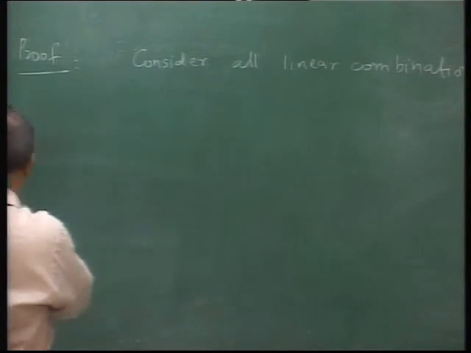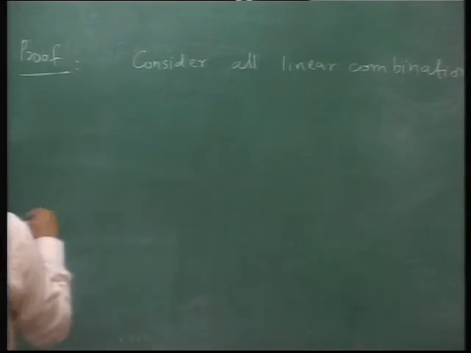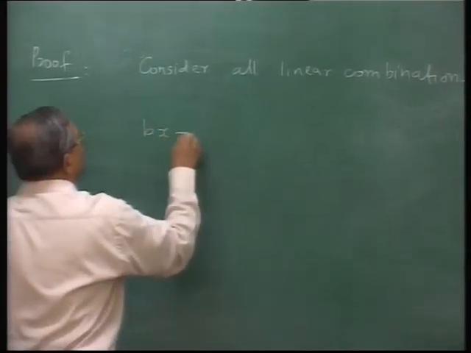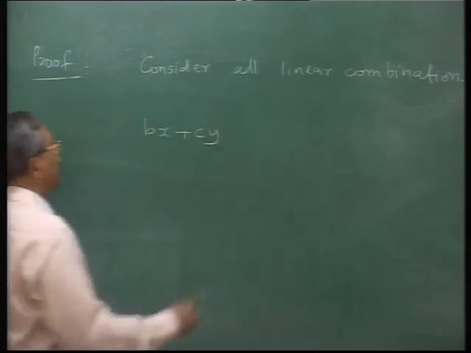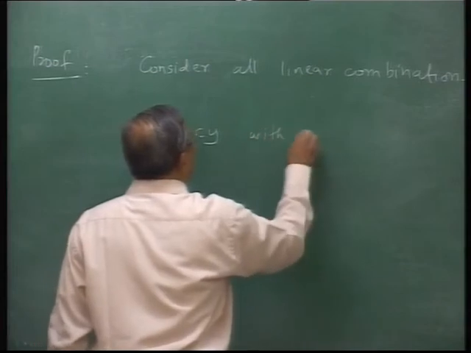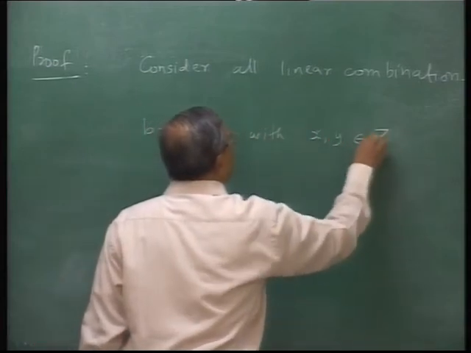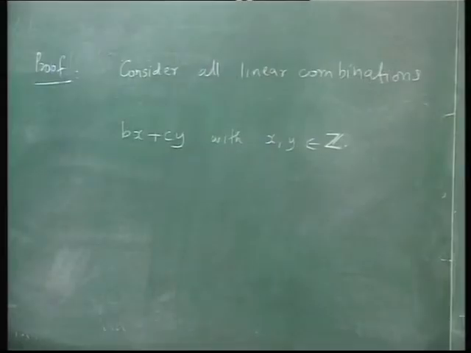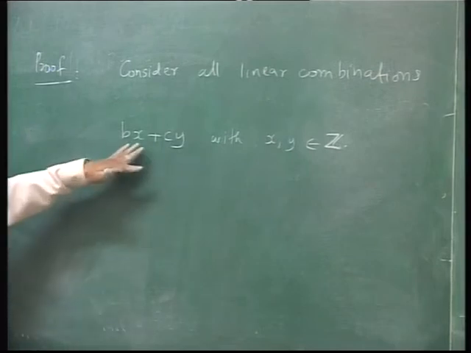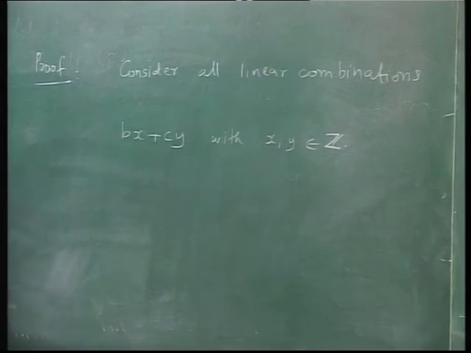So these are Bx plus Cy with x, y in Z. Now, this collection of integers certainly has positive integers in it.